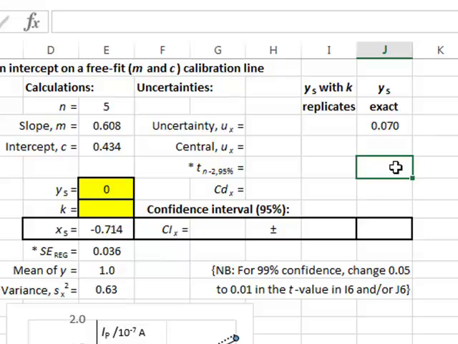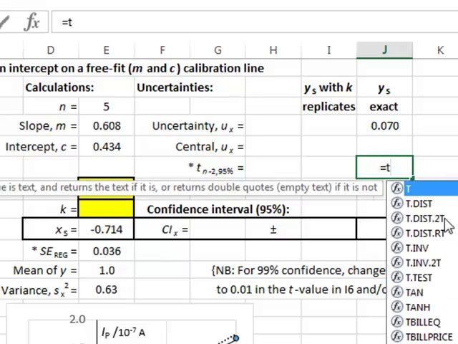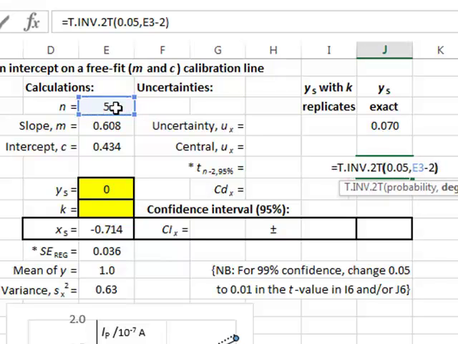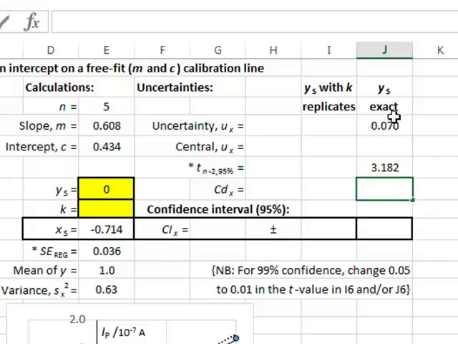We now want a t-value for 95% confidence and n-2 degrees of freedom, which will be t inverse two-tailed with a probability of 0.05, and then degrees of freedom will be the number of data points minus 2, and then multiplying the uncertainty by the t-value gives us the confidence deviation.